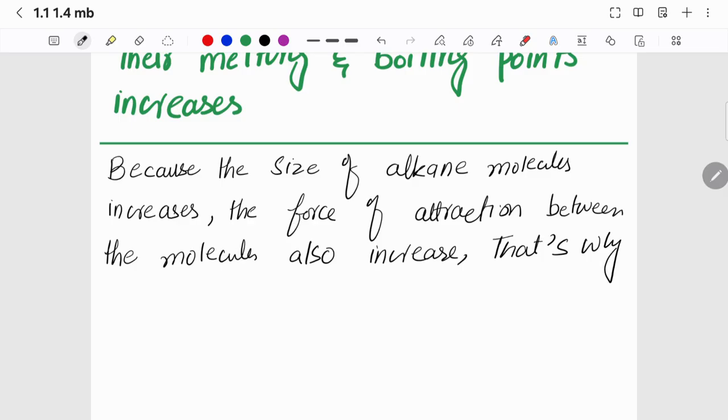That's why more energy is required. Okay?